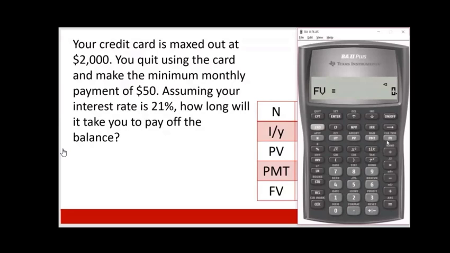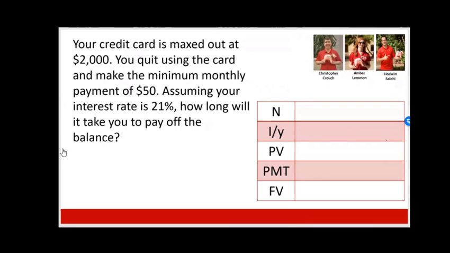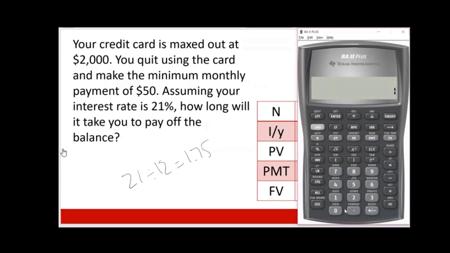And then because you are going to pay monthly payments, you need to adjust the given interest rate. So 21 divided by 12 is going to be 1.75. So 1.75.